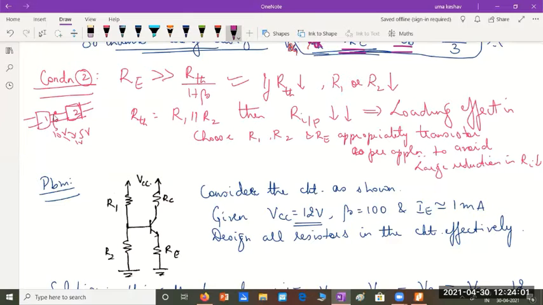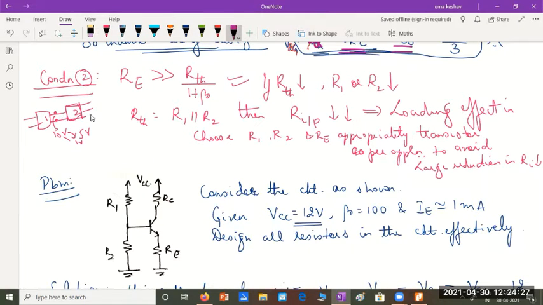So whenever we cascade two stages of amplifiers, we want the input impedance of the second amplifier to be very high when compared to the output impedance of the first one. If that is not so, then the output voltage which was higher will get reduced by a large value.